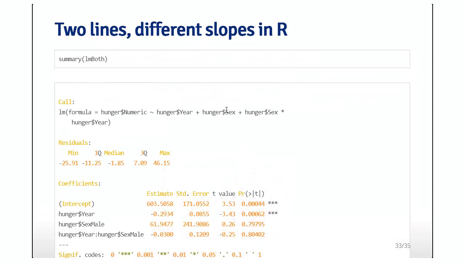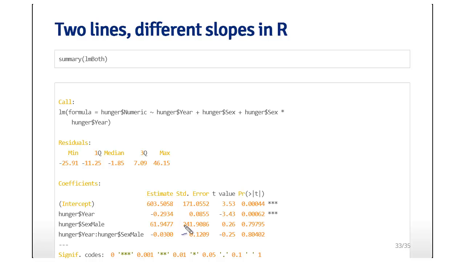And so here is our regression output. Females are the reference category. It's clear, right? Because we are getting coefficients for male and it's omitting the coefficients for female, so it must be setting female as the reference. So this is giving us the intercept and the slope for females. This is the change in the intercept for males, so the sum of these two, 603.61, is the intercept for males.